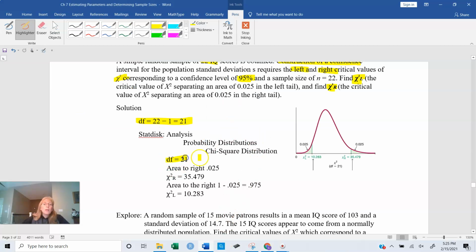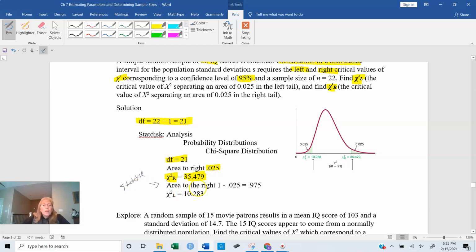So degrees of freedom, area to the right, we did 0.025. Chi-squared right was 35.479. For the left, we have to do 1 minus the 0.025 when we plug that in to find our left. This is what you're typing into StatDisk.